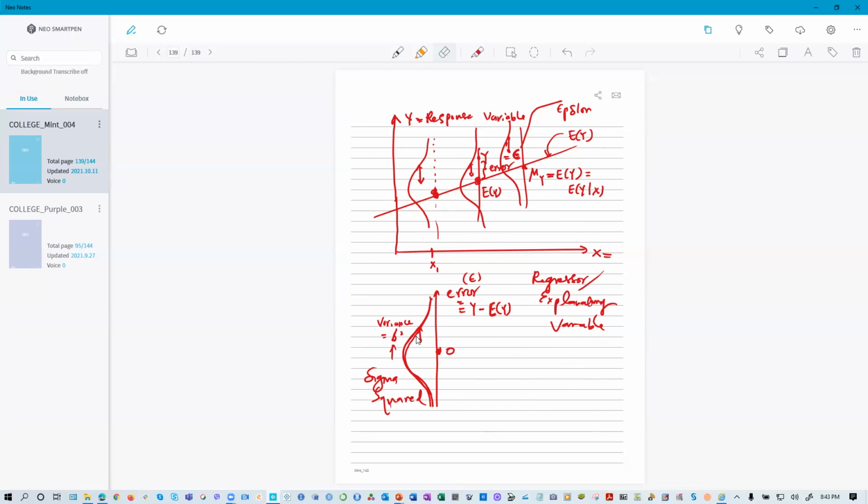Y and the error would have the same type of distribution, bell-shaped.